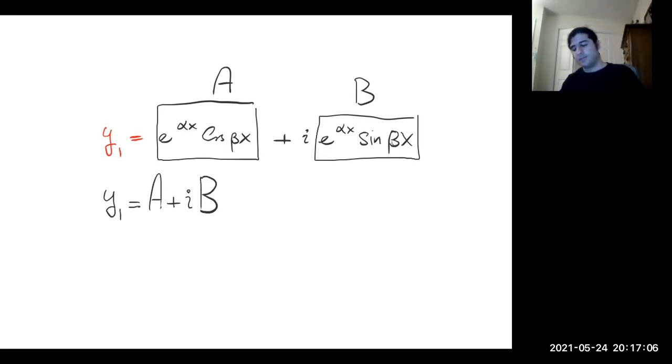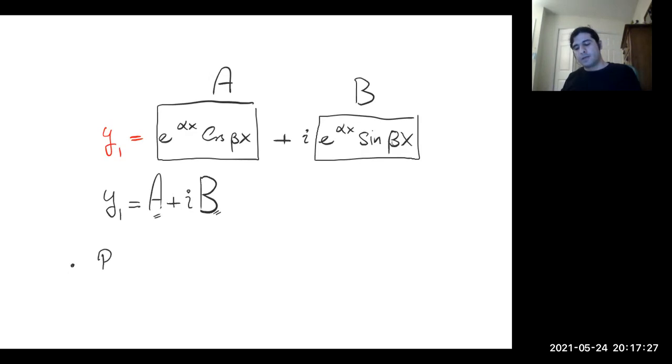Now the point is that when we have a real equation which has a complex solution, each of these real parts and imaginary parts should be a solution to the equation. So let me write what I said.